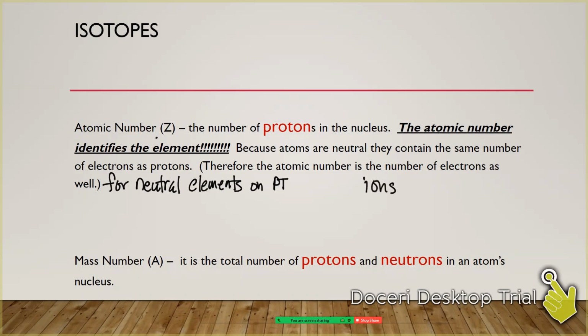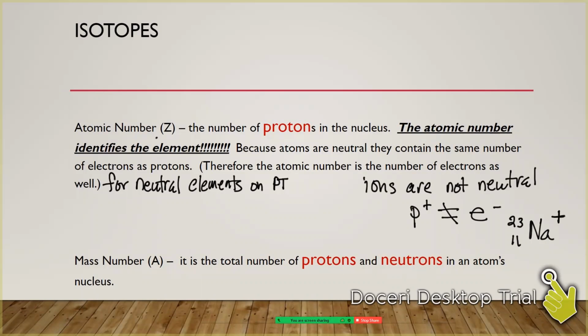When we start talking about ions, and we work with ions a lot throughout the year, ions are not neutral. So in that case, your protons would not be equal to your electrons. So for instance, if we were talking about sodium again, I could still have my 23 and my 11, but if it was an ion, it would have to have a charge.